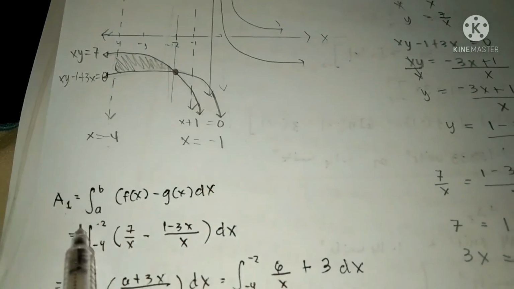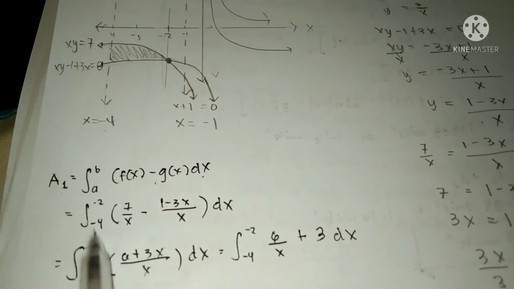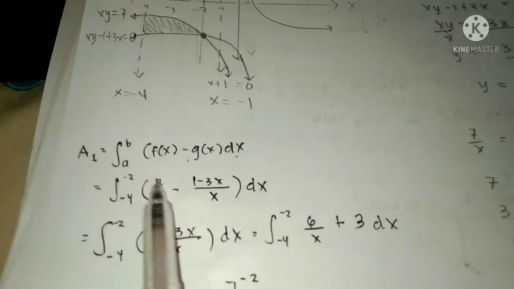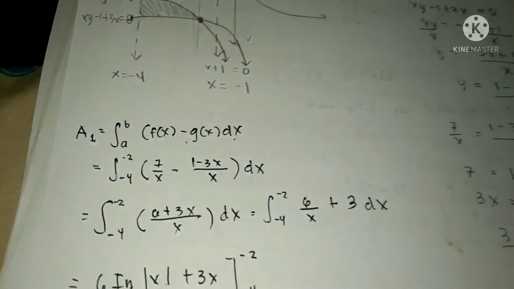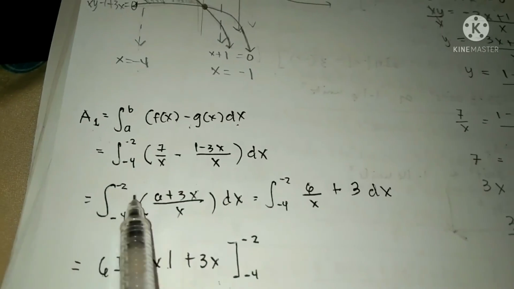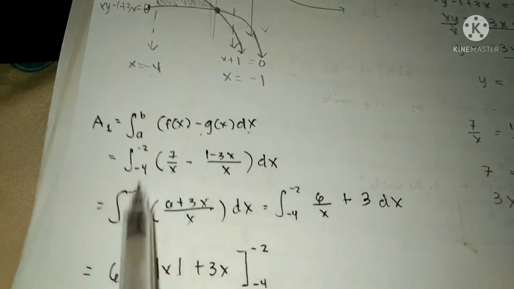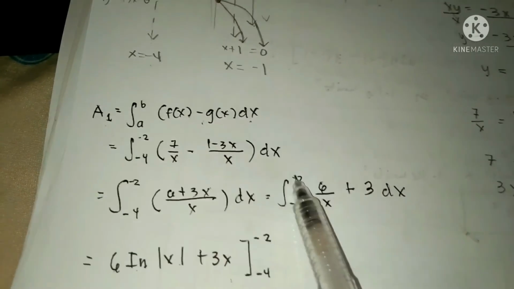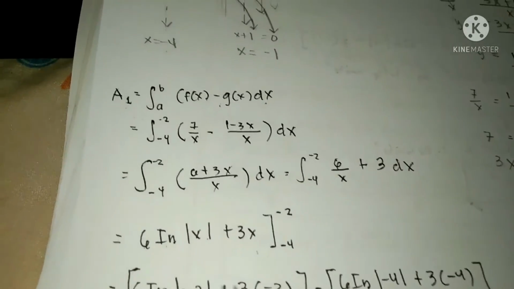So, the formula of our A1 is equal to the integral of f of x minus g of x dx from a to b. So, the integral from negative 4 to negative 2 of 7 over x minus (1 minus 3x) over x dx. Simplify natin to, magiging the integral of (6 plus 3x) over x dx from negative 4 to negative 2. So, let's make this as two fractions. Magiging integral of 6 over x plus 3 dx from negative 4 to negative 2.